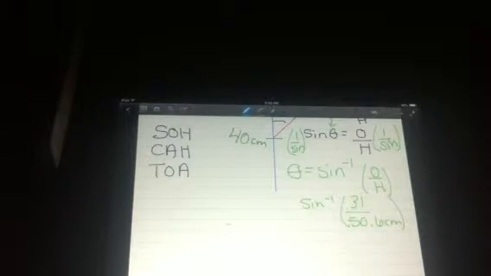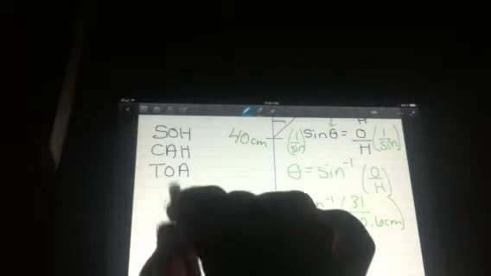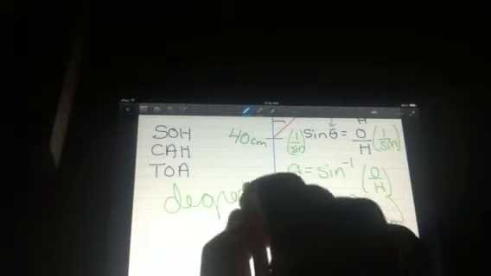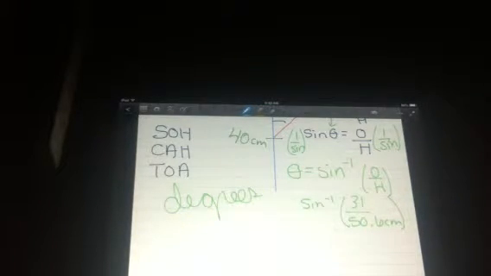Make sure that your mode is in degrees. So check your mode by clicking on mode, go down to the third one, highlight degree, hit enter, and now you're ready to calculate. So just do second quit.